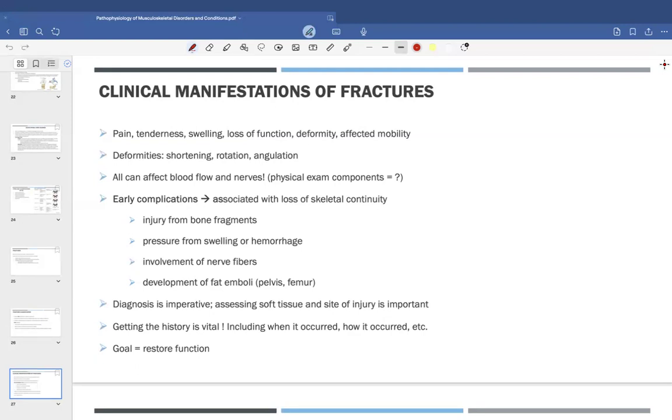No. A stress fracture is actually through the bone. And shin splints has to do with disruption of the continuity of the periosteum with the bone itself. Okay.